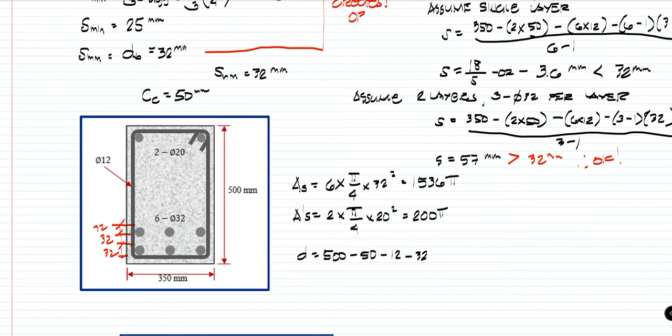Tapos, syempre, kung gigitna natin yan, ang kukunin natin will be, i-deduct natin yung 32 over 2. So, from this equation, we can get a value of the effective depth, which is 390 mm. Yan na ngayon yung effective depth natin.